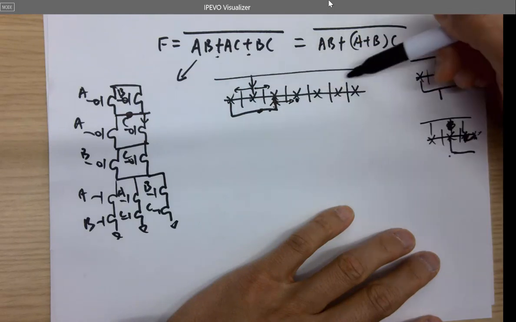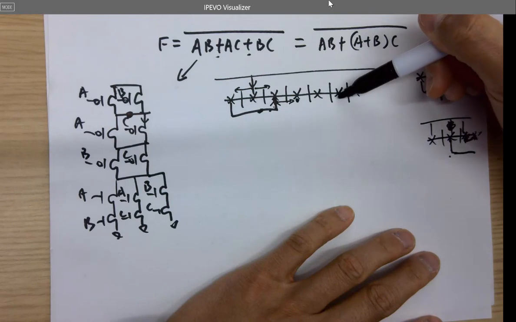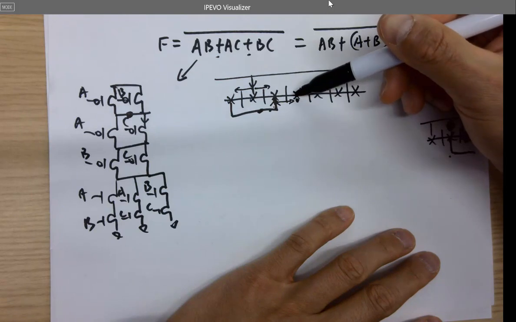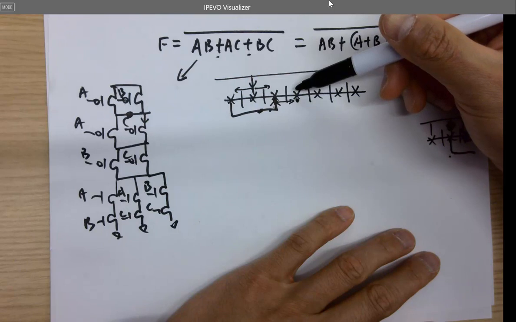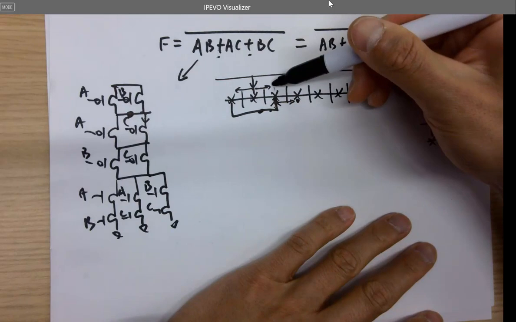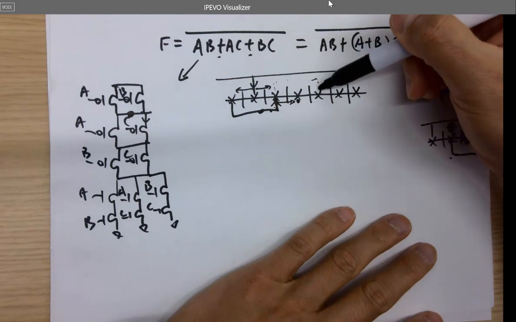Like from here to here, then the output becomes this one. Then we have to short them together. And it seems like it's going to work. Because we cannot do it this way, right? Can we?